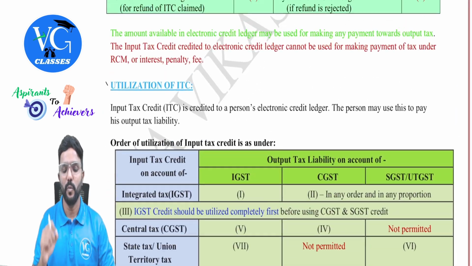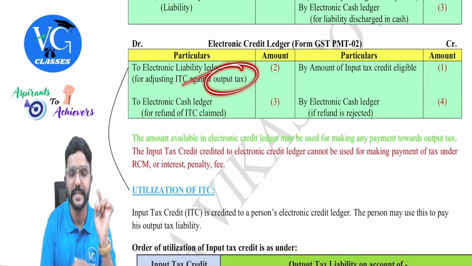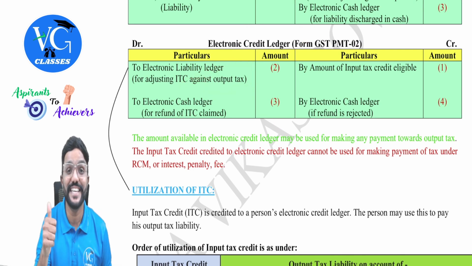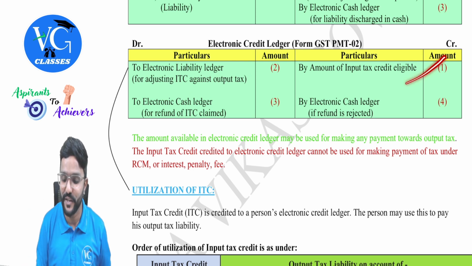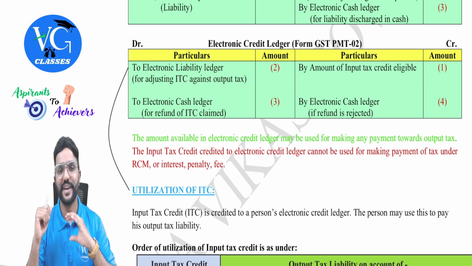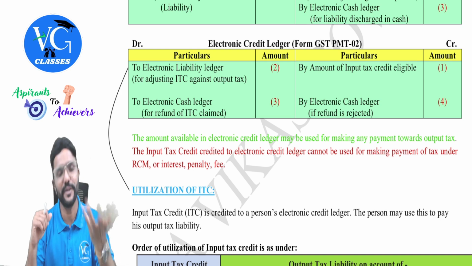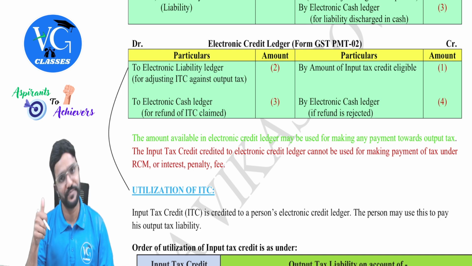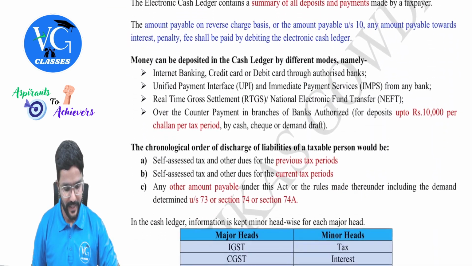Because, sir, only credit ledger balance can be used to pay what? Output tax. And output tax under which section? Section 9. If you are under a composition scheme, then you cannot even utilize your credit. You are not eligible to claim input tax credit. Got it? Yes, sir. Fine, we are done with this.